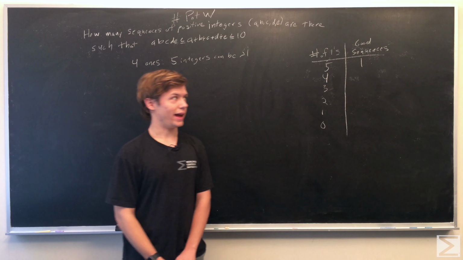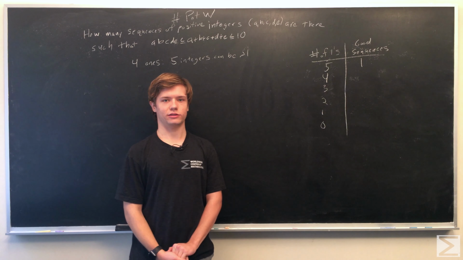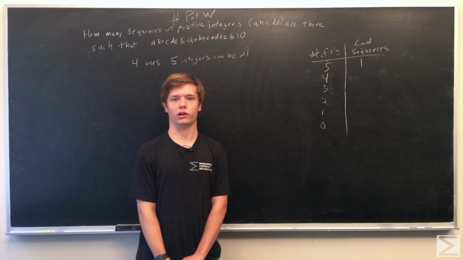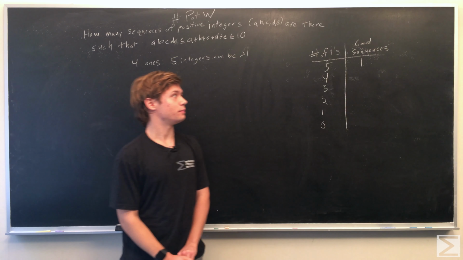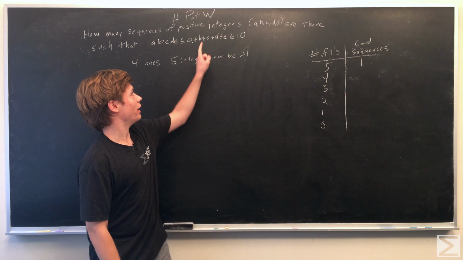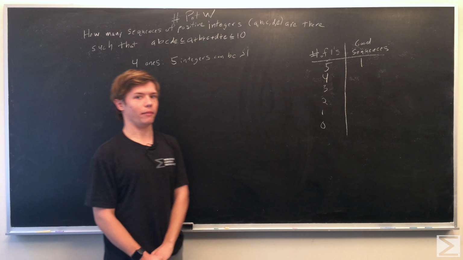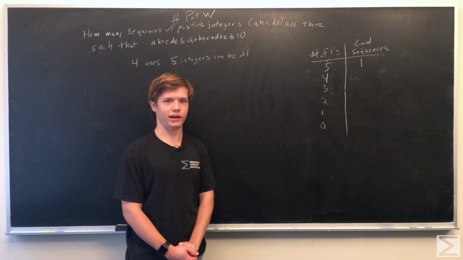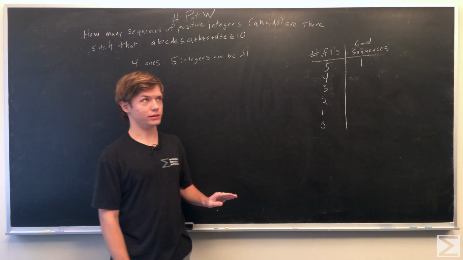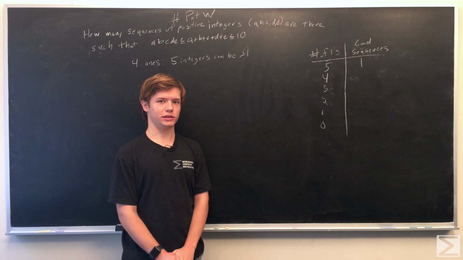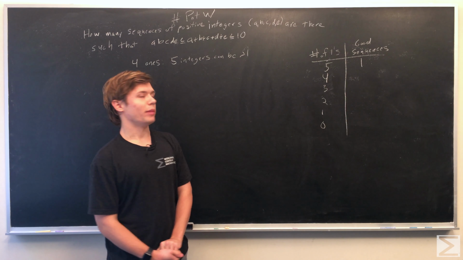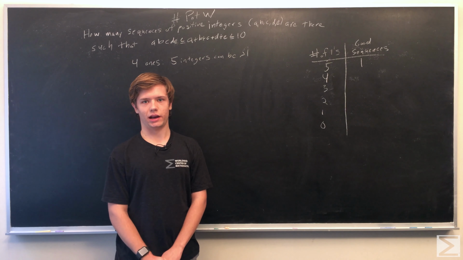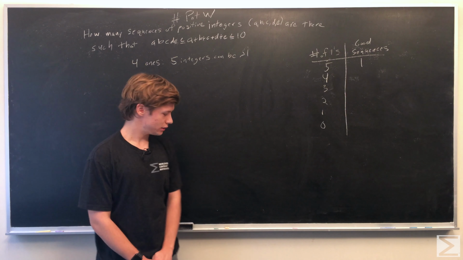Now we look at what values the remaining integer greater than 1 can equal. Because the sum must be less than or equal to 10, and we have 4 ones, the remaining integer greater than 1 has to be less than or equal to 6.